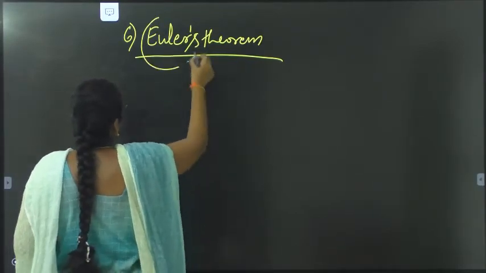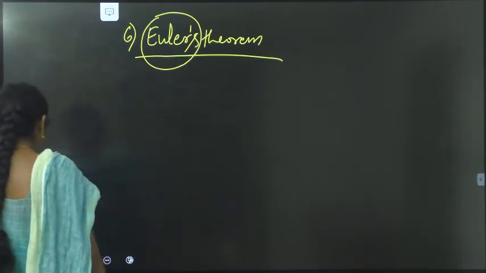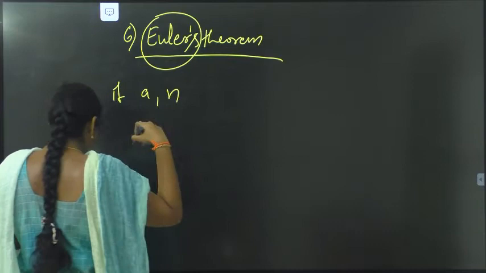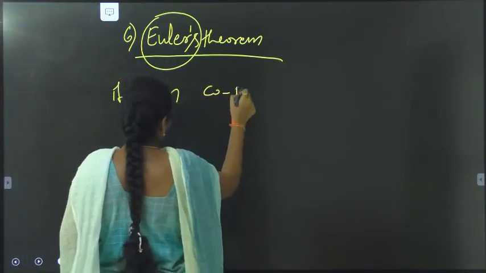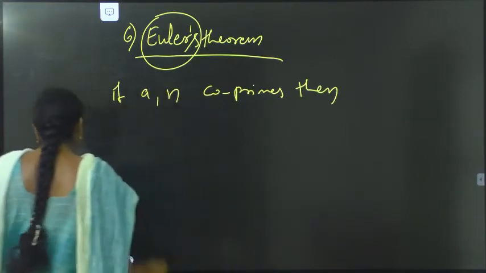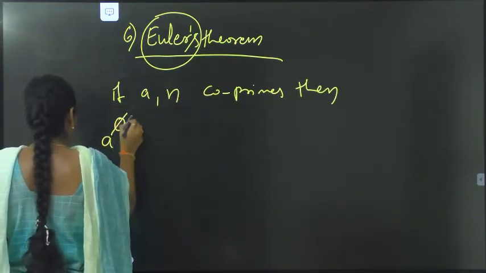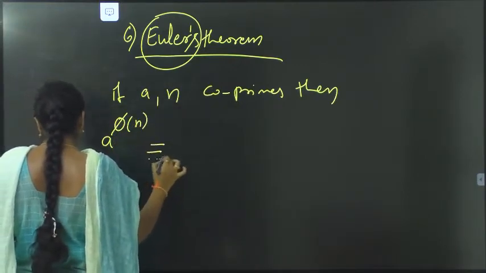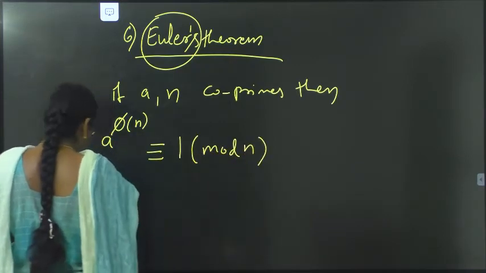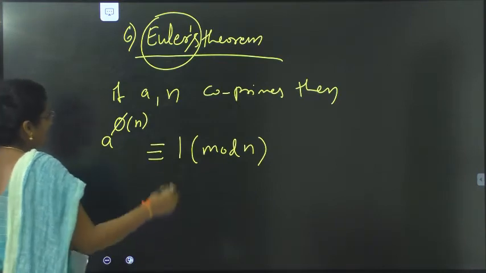Euler is also a scientist. What does Euler say? If a comma n are co-primes, then a power phi of n is congruent to 1 mod n. This theorem is used to find the multiplicative inverses.